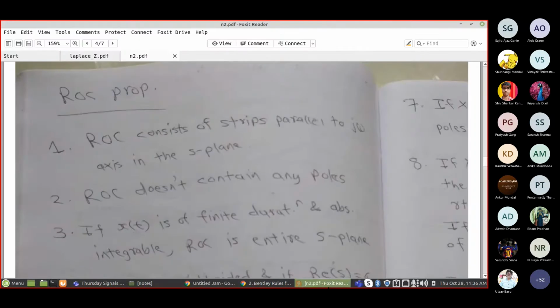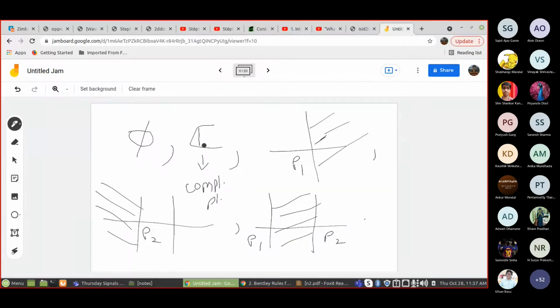So this is one example when your signal is of finite duration. In that case, ROC is the entire S plane. For all values of S it converges. If you have poles, then you don't get the entire complex plane. You can get the empty set if there are multiple poles and your signals are both sided. If your signal is one sided, then you will fall in either this type or this type. Okay, so that also maybe I can list.